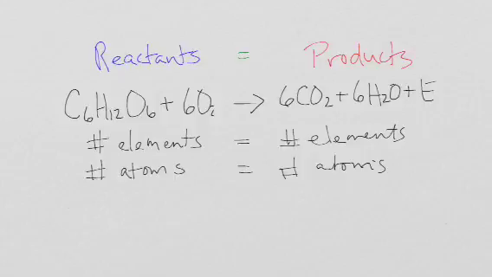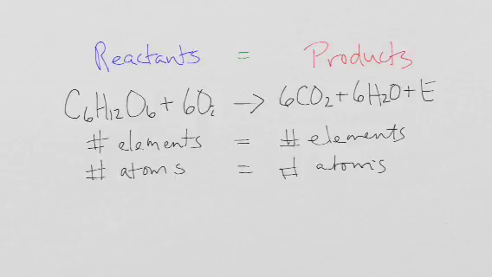This is often the type of question you get. They'll give you a numeric or a chemical equation and they'll say, balance this equation for me. And the way you have to do that is you have to count the number of different kinds of elements and the number of atoms of each of those elements on both sides of the equation.